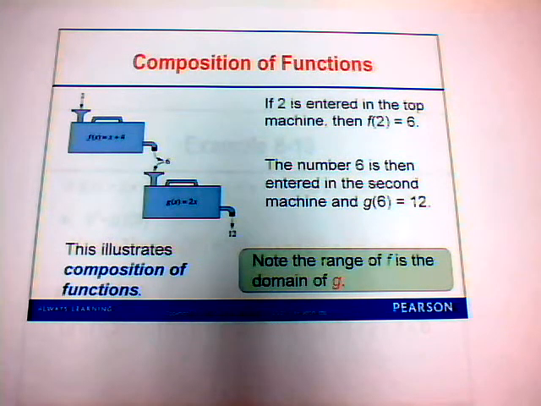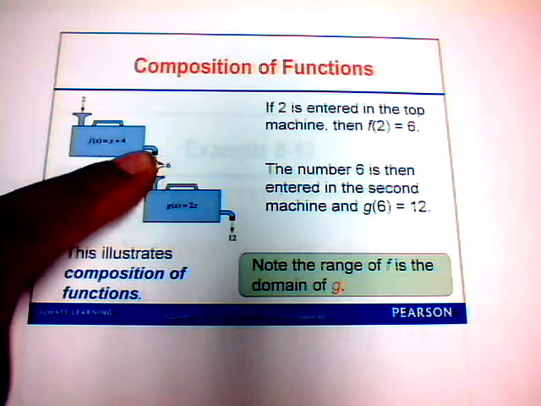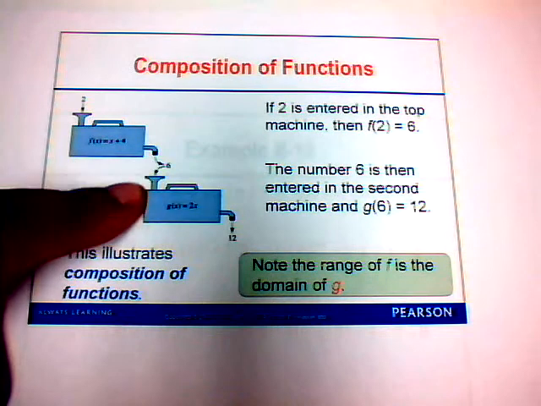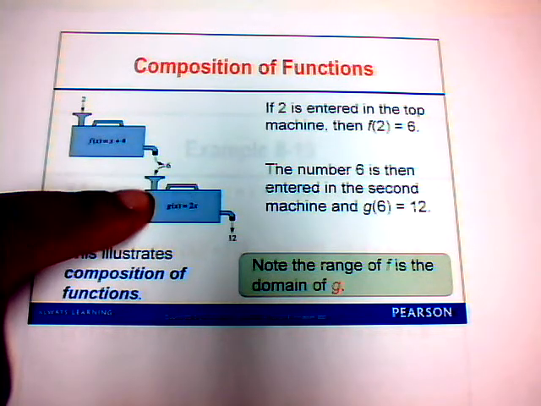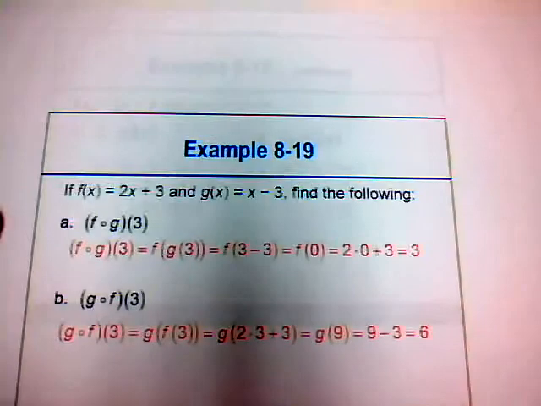So here you can see that the range of f becomes the domain of g. Okay, because that's your domain that you start off with, and you end up with a range. Now that range is going to be the domain for g.